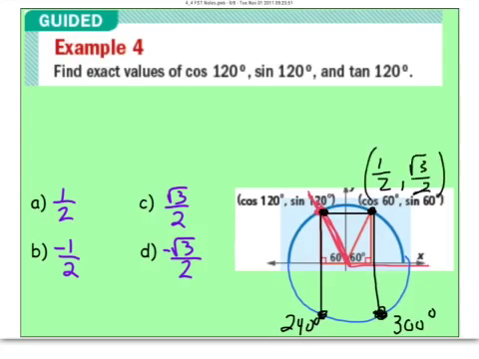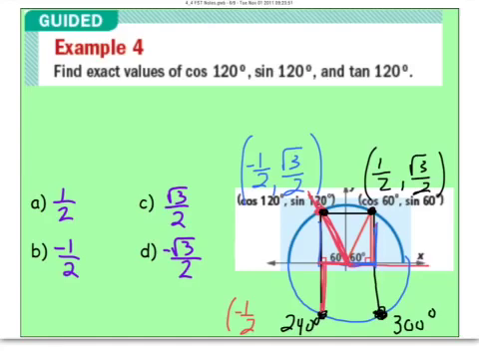The only difference is it changes by sign. Now, to go into quadrant 2, I have to go not right and up, because in quadrant 1 I go right and up. In quadrant 2 I have to go left and up, so that means the x value changes. This is negative 1/2, square root of 3 over 2. Let me just show you another connection. What if I go to 240 degrees? Here I have to go left and down, so the only difference is the sign.